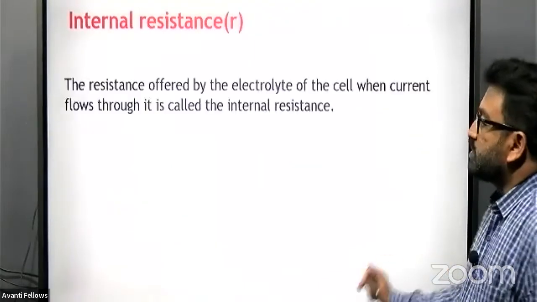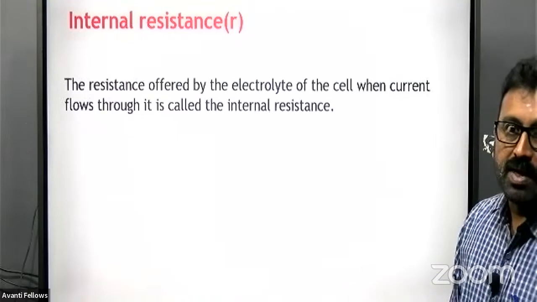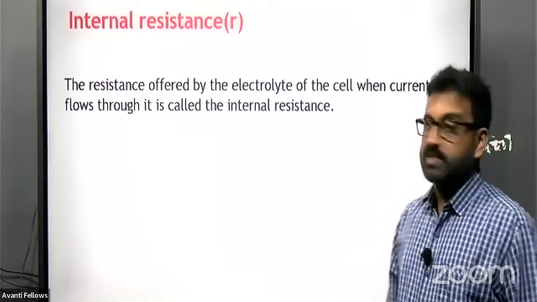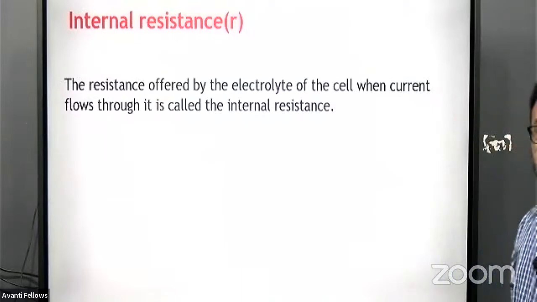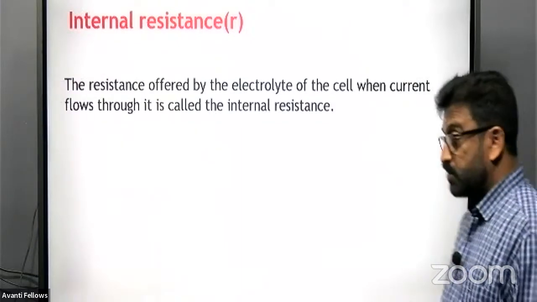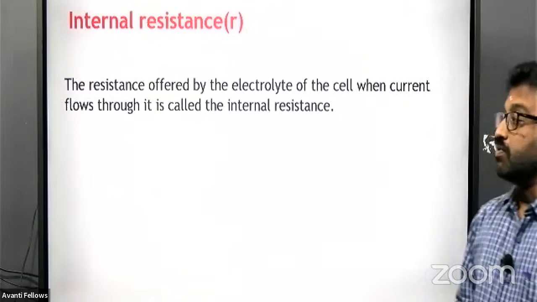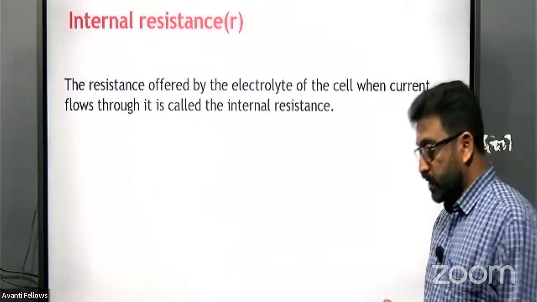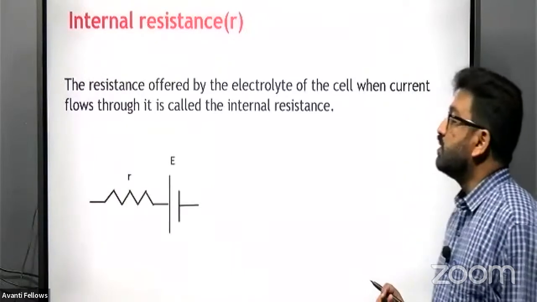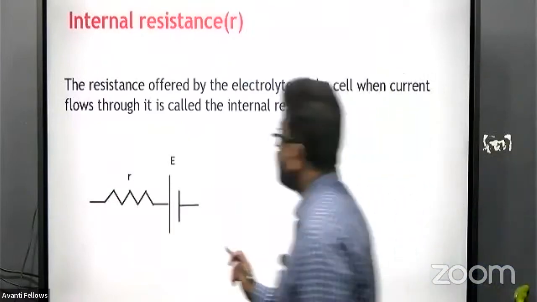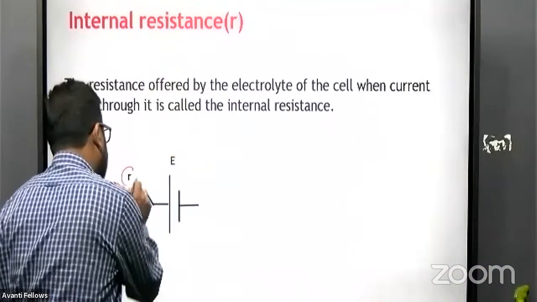Then internal resistance r. That is another important parameter we have to remember. It is the resistance offered by the electrolyte of the cell when the current flows through it. This is generally represented by small letter r.